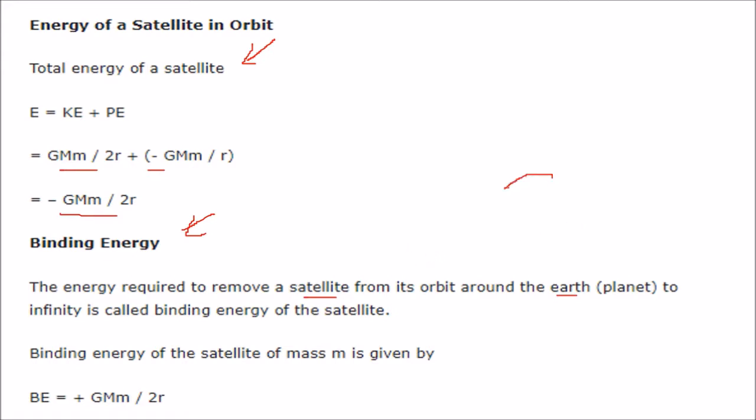So if we have Earth, or say any planet, and we have a satellite here, the energy required to remove the satellite from its orbit around that planet to infinity, it can be any place, is called the binding energy of the satellite. So the binding energy of a satellite of mass m is given by, see, these two are equal and opposite in sign, G capital M small m by 2r.